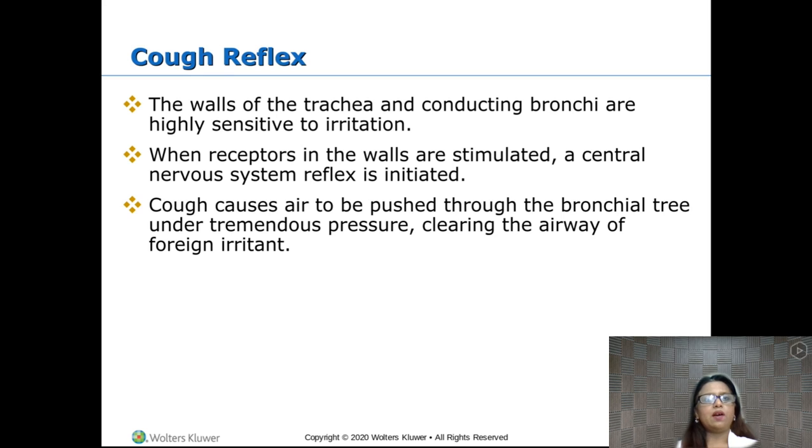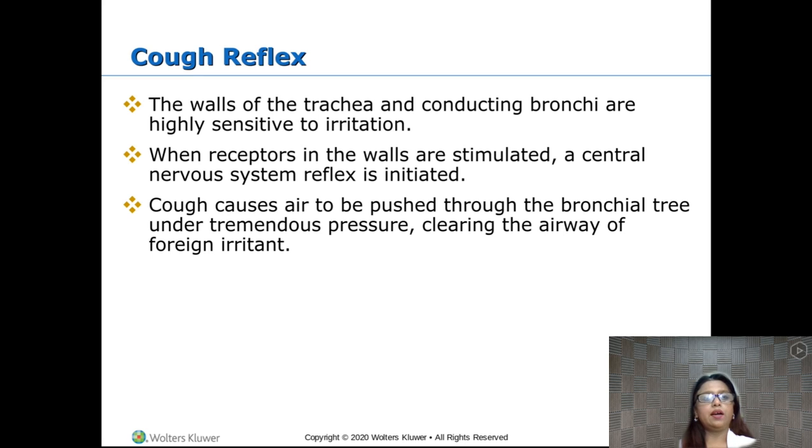So what is a cough reflex? Let's say something irritating came to the throat, and the body has this cough reflex that will cough out whatever foreign materials are there.